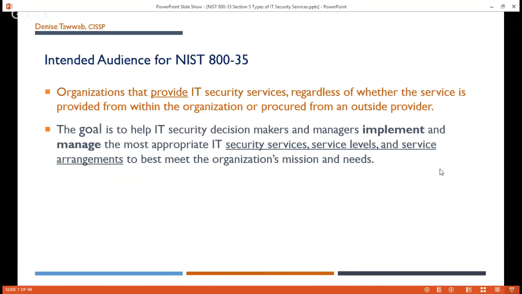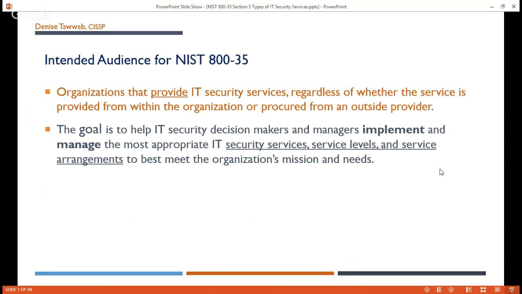The intended audience for 835 is organizations that provide IT security services, regardless of whether the service comes from within the organization or whether it's procured from an outside provider. The goal, again, is to help decision makers implement and manage the most appropriate IT security services, service levels, and service arrangements to best meet the organization's missions and needs.